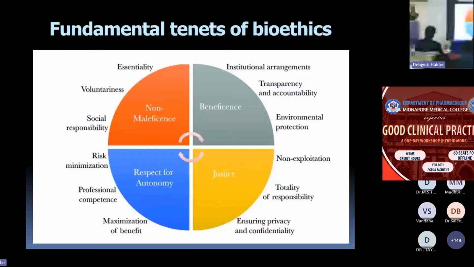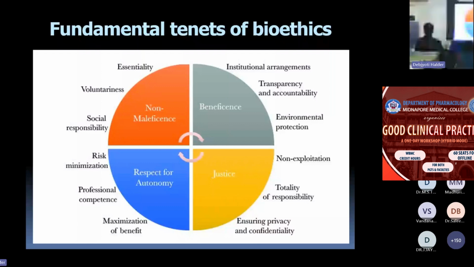Now, Dr. Saptarshi, if you remember, showed you a diagram showing the fundamental ethical pillars of research. What were these? Autonomy, beneficence, non-maleficence, justice, and capping it all, honesty and dignity.